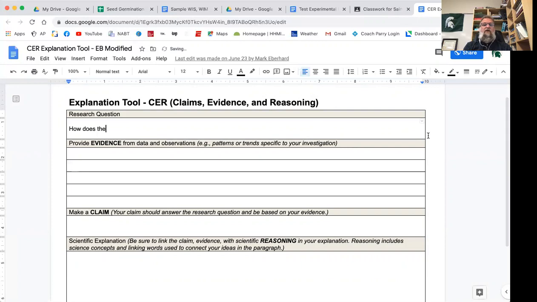So how does the salinity of the water affect the number of black bean seeds? Remember, we want to give our genus and species.